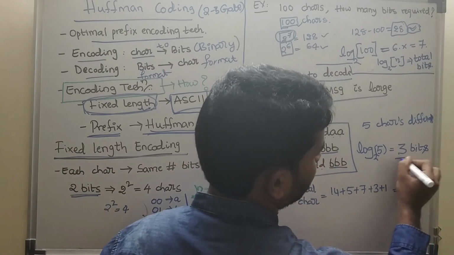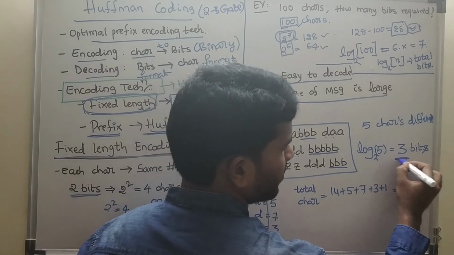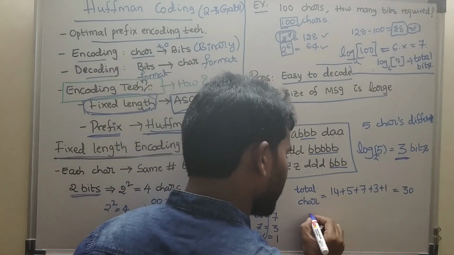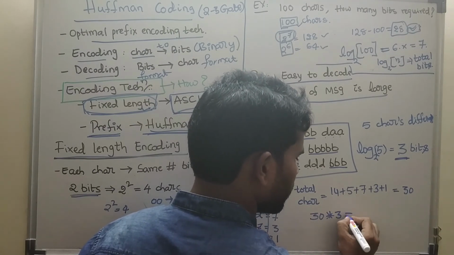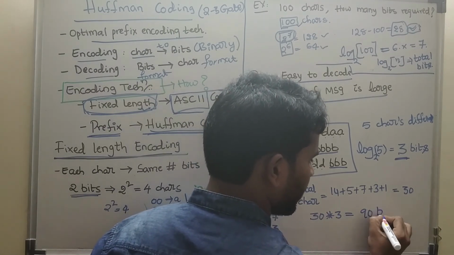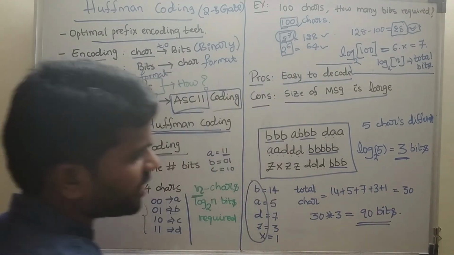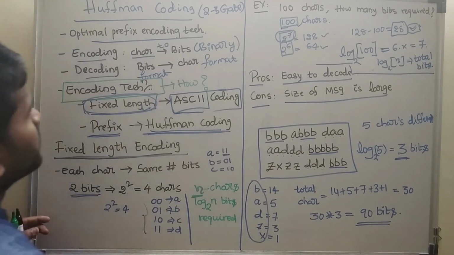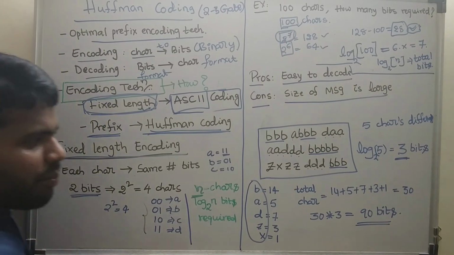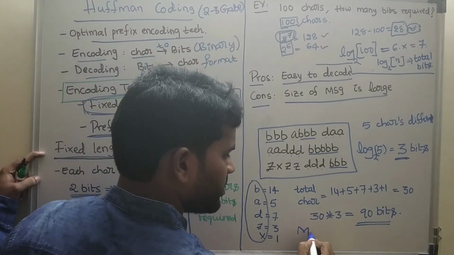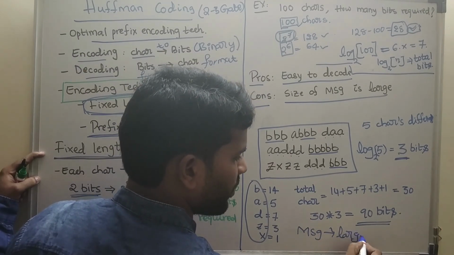So each character needs to be represented with 3 bits. Total 30 characters into 3 bits, so it will be 90 bits. In this fixed length encoding, the message is very large. You can say the message is large when compared to Huffman coding.